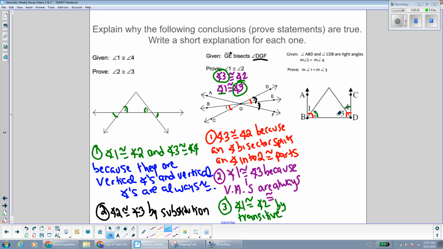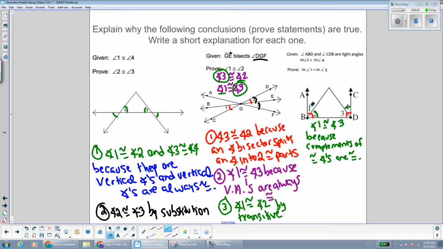Or we can use one of our new theorems. We can also say angle 1 is congruent to angle 3 because complements of congruent angles are congruent.